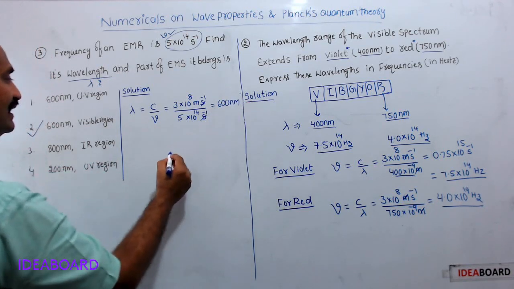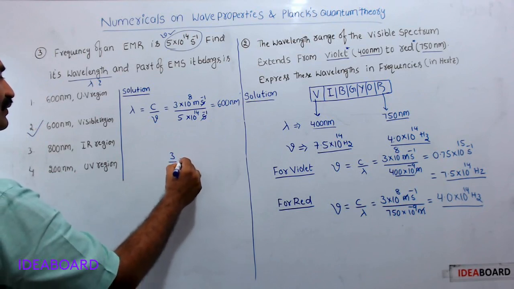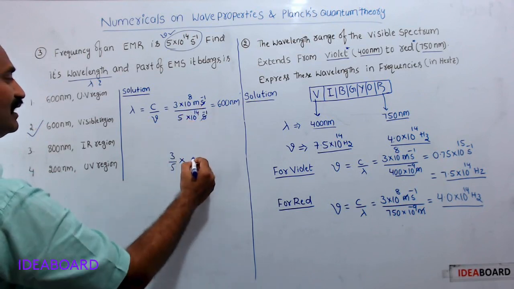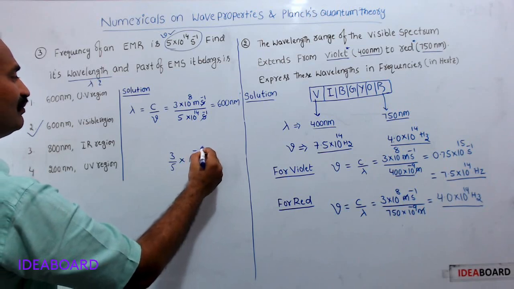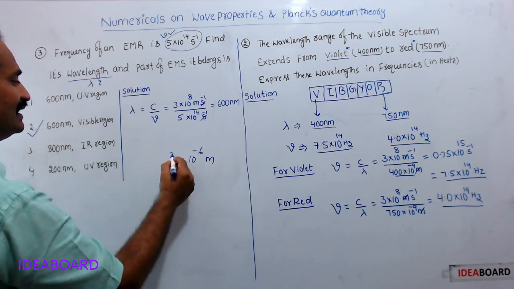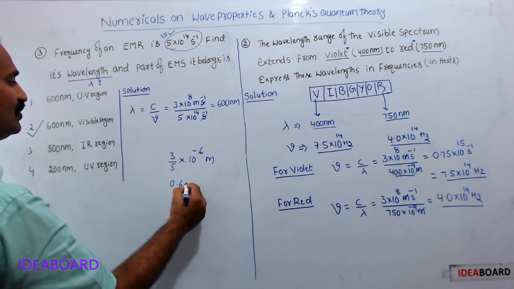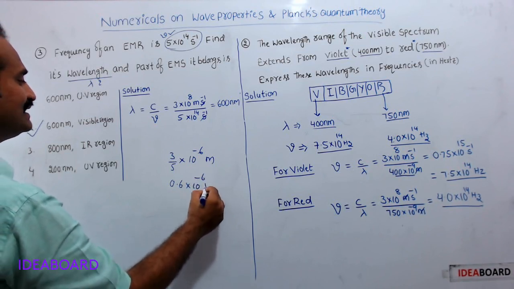See, 3 by 5 with simplification, 10 power 8 divided by 10 power 4, gives 10 power minus 6 meters. This 3 by 5 means 0.6 into 10 power minus 6 meters.